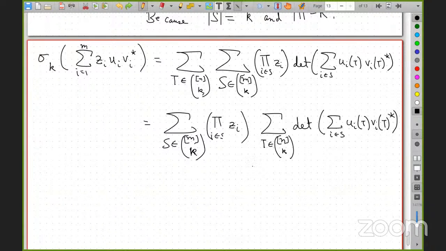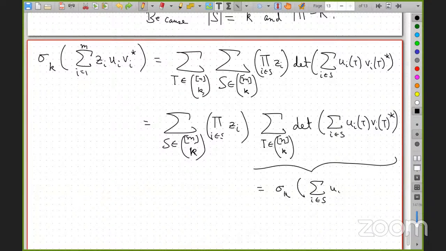But what is this? Let's recall exercise 2 again. So this is equal to just sigma k of the sum over i in S of ui vi star.